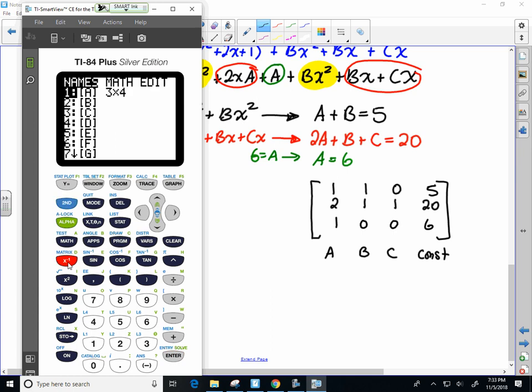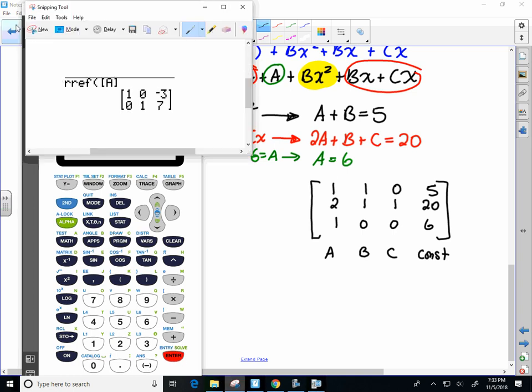So second inverse matrix. Select the name matrix A. And you see it's the same calculation as before, except it's pointing now to a new matrix. In this case, matrix A, which has these characteristics.